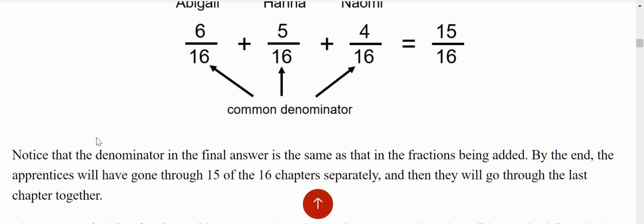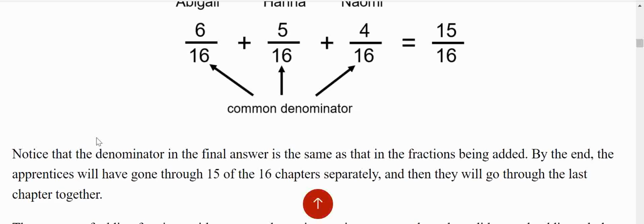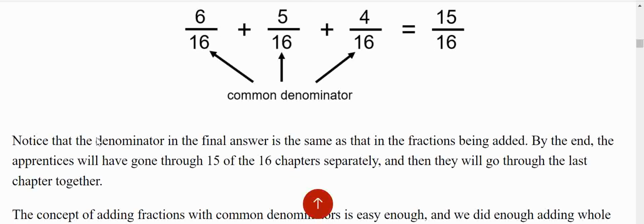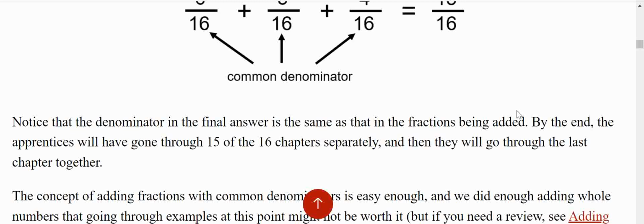Notice that the denominator in the final answer is the same as that in the fractions being added. By the end, the apprentices will have gone through 15 of the 16 chapters separately, and then they will go through the last chapter together.